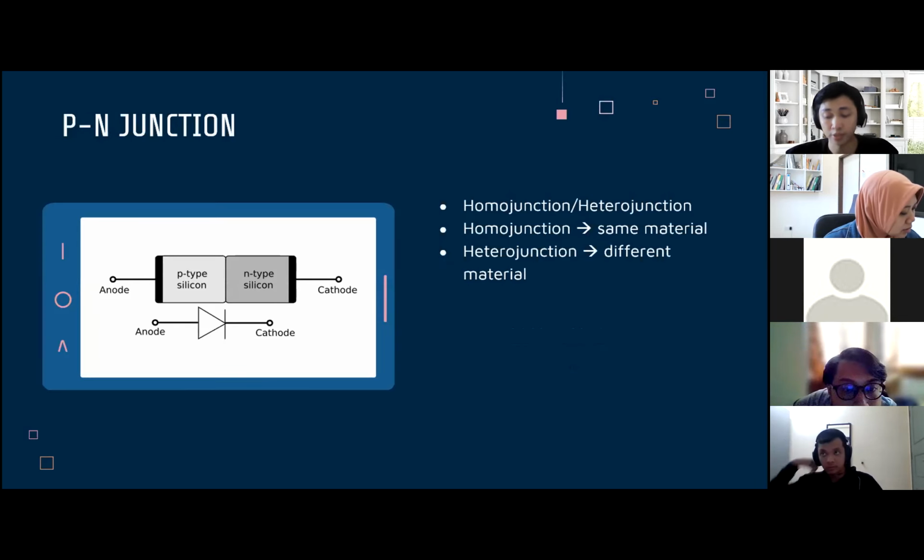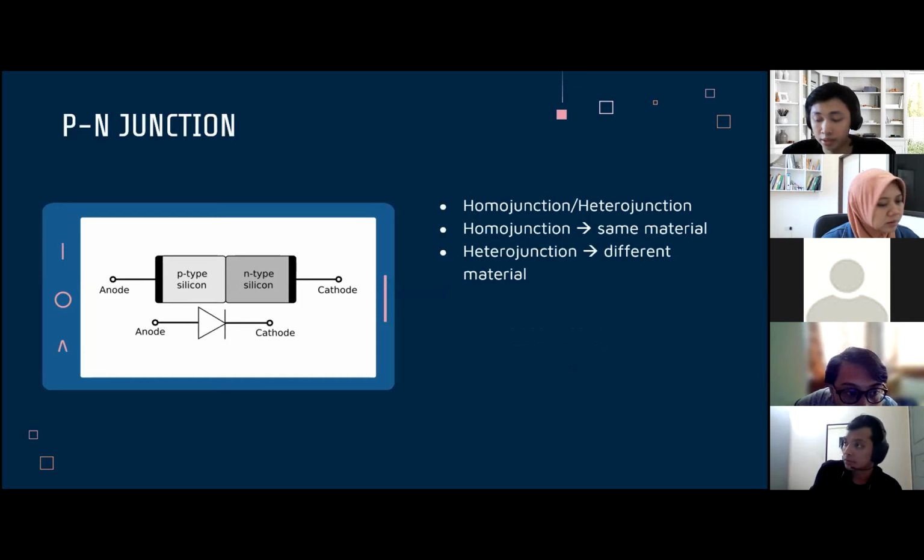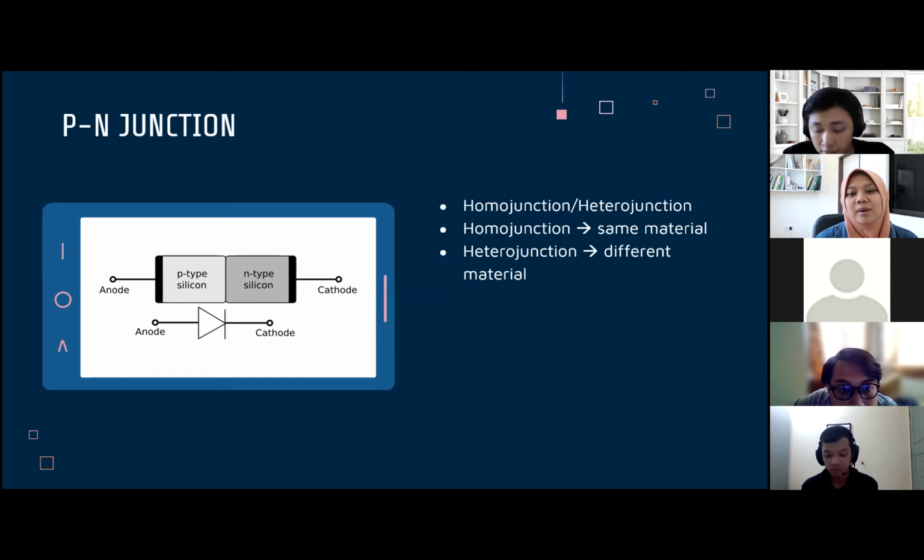Before I proceed to how LED works, let's take a look at the PN junction first. This is a PN junction, consisting of P side, N side, and between them there is a depletion region, which consists of immobile ions.